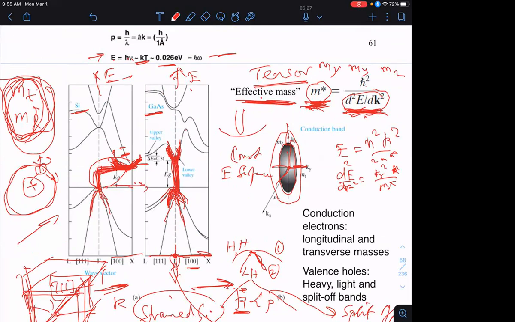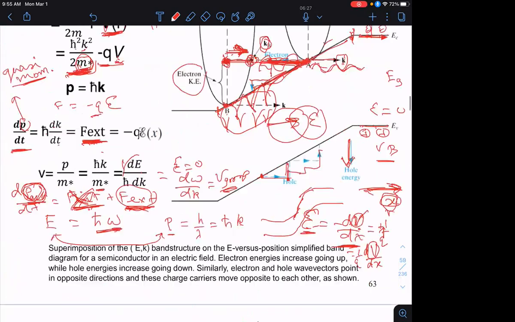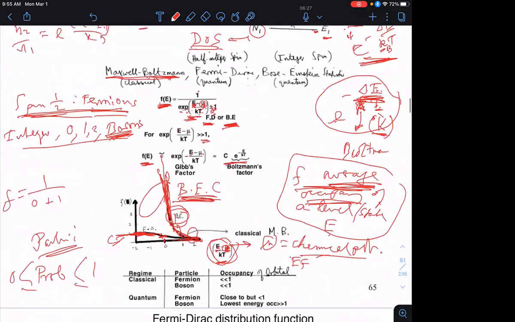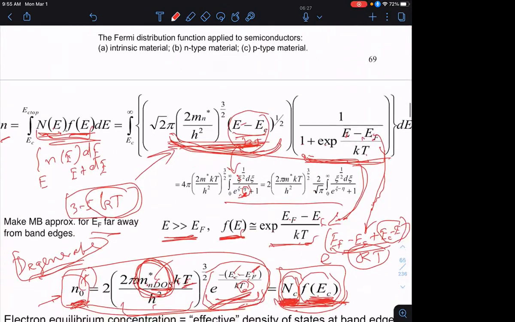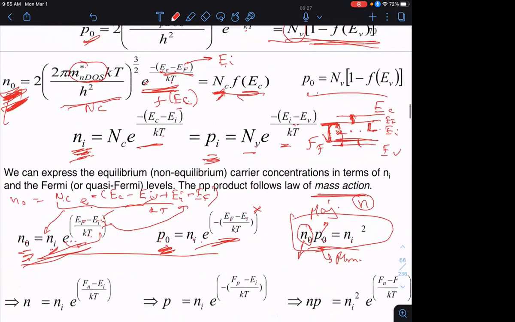Now that introduces a problem, right? Because if I have different curvatures in different directions in a crystal, which of those masses should I use in this conduction band density of states? So here I have a mass that I use in this density of states. Which of those masses, mx, my, mz, corresponding to the curvatures along the x, y, or z axes, should I use over here?